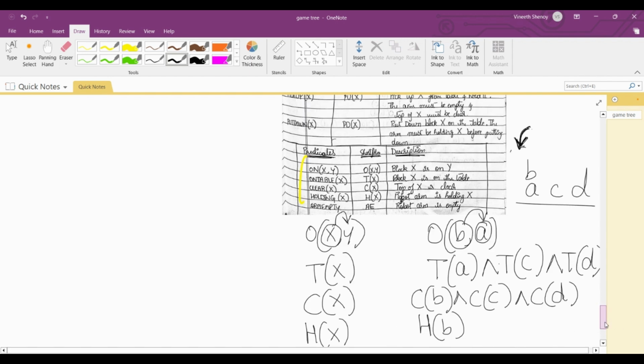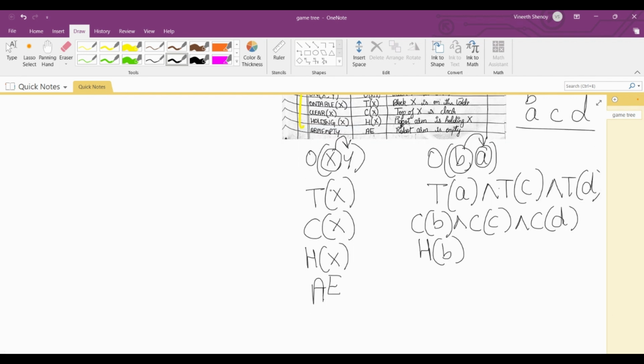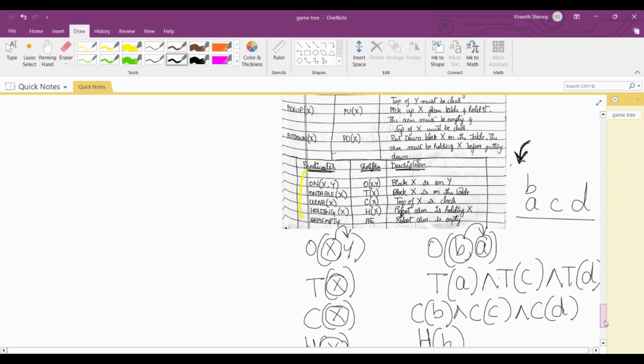T of x means on table, that means the block, this variable, is on the table. C of x means the top of this block is clear. There's nothing over it, no other block on top of it. H of x means the arm is holding that block. A means the arm is empty. So these are the predicates for the block world problem.